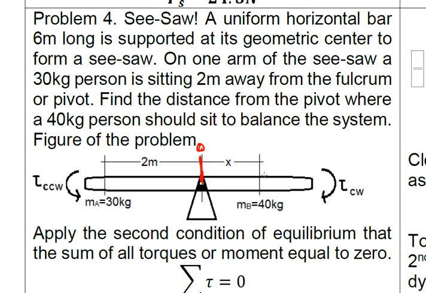If it will sit beyond 2 meters, then the seesaw will rotate, because again the counterclockwise torque and the clockwise torque are not balanced.